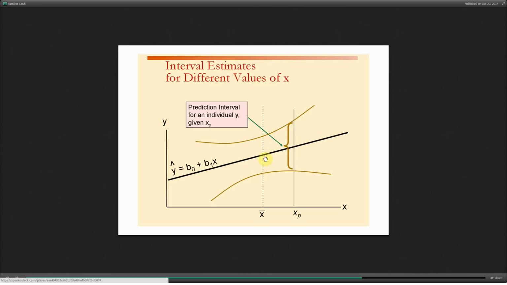Well, as I move away from the mean, my interval is going to get larger because I am going to be less and less sure of what my predicted value is, because I'm moving away from the mean.